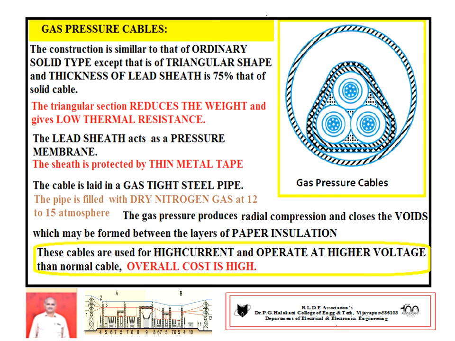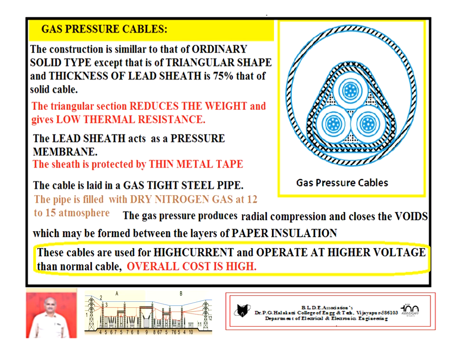This is the last category, gas pressure cable. Now you are getting the idea, sir. The pressure is applied by a gaseous system, that is the name. This is also a similar type of cable, similar to the ordinary solid cable except for the triangular shape.